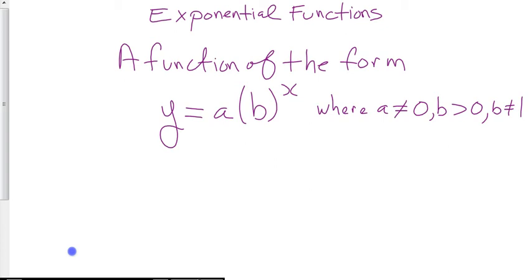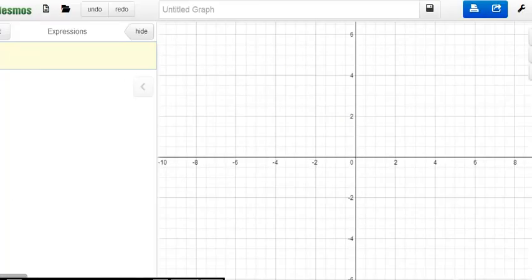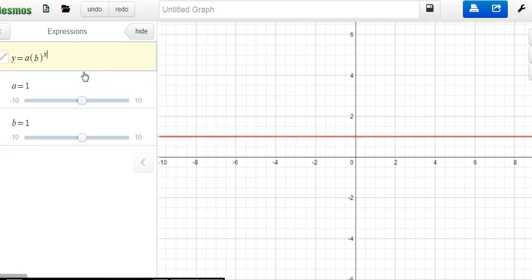So to look at this, what we're going to do is we'll go into Desmos, right, a little graphing calculator. We'll graph this, and one of the interesting things about Desmos is that I can actually type it in as y equals a bracket b bracket to the power of x, and it'll allow me to add a slider for a and b so that I can change their values, right?